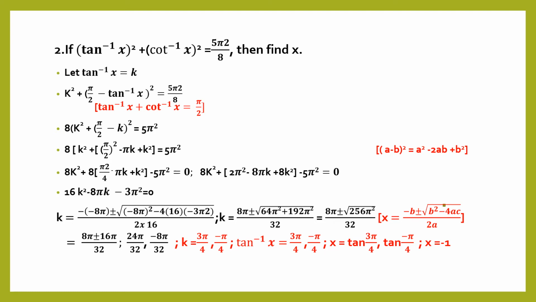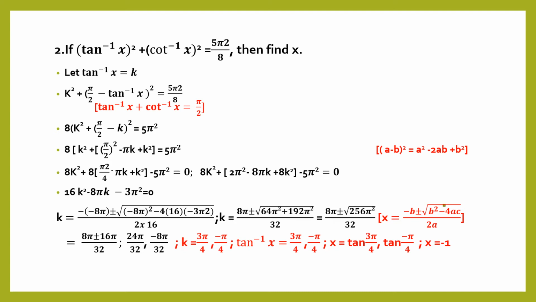Now we can do some simplification. 8k square plus 8 into pi square by 4 will become 2 pi square, minus 8 pi k plus 8k square minus 5 pi square equal to 0. Now 8k square plus 8k square will become 16k square. Then we have minus 8 pi k, and then 2 pi square minus 5 pi square will become minus 3 pi square equal to 0.